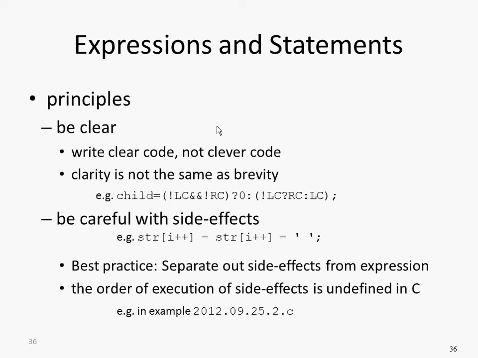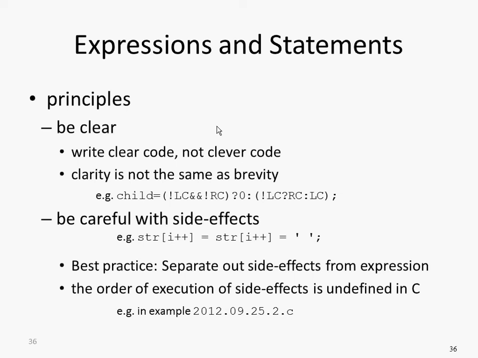So remember, clarity is not the same as brevity. Something can be short, particularly in a language like C, and be totally inscrutable, like this sort of ugliness. Be very careful with side effects. You can put this into your code in C, and in this case the ambiguity doesn't cause a big problem.